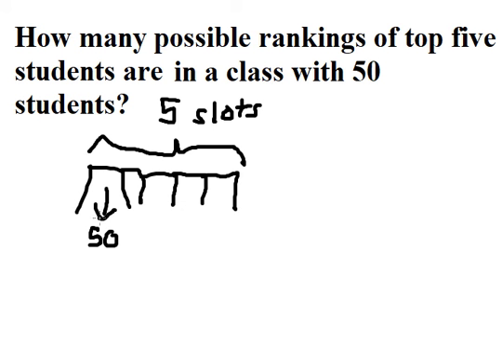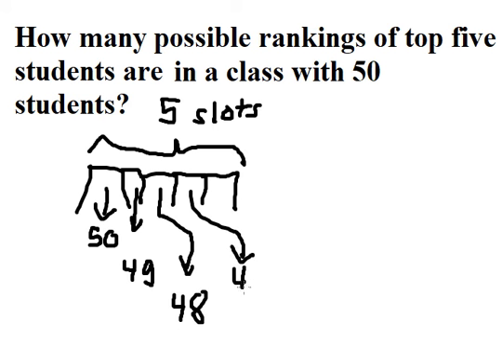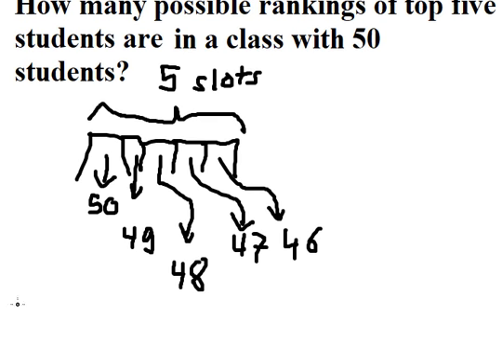After we select 1 out of 50, for the next one we have 49 students. The next one is 48. The next one is 47. And the last one is 46. So we just multiply the 5 numbers together and we have the final answer.